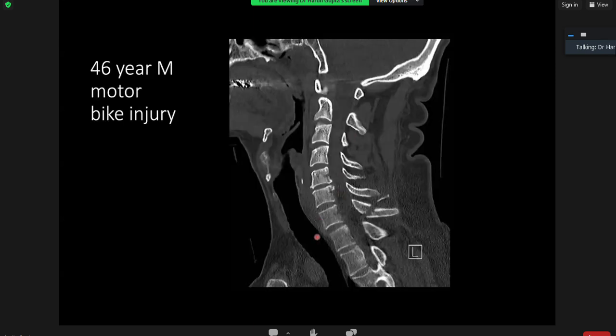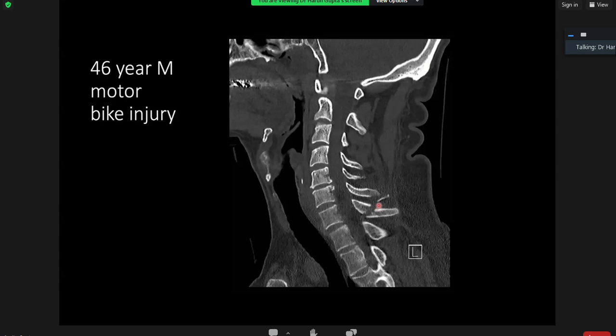So this is the next case. An interesting case because the patient is 46 years old, has a motorbike injury, and there is a spinous process fracture. Whether this is a straightforward spinous process fracture or whether there is something more happening, we don't know.